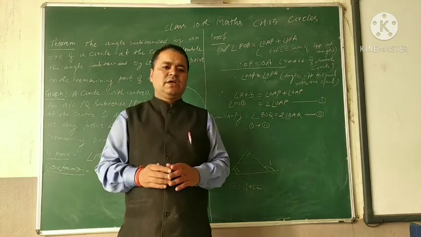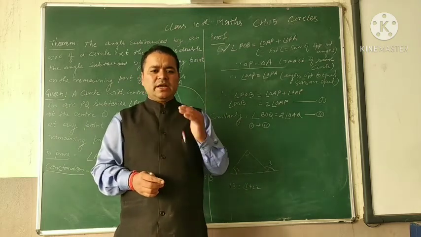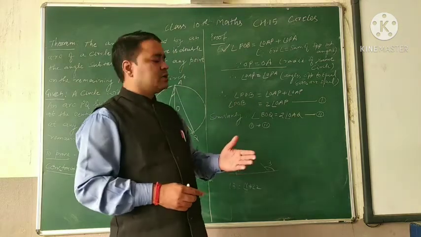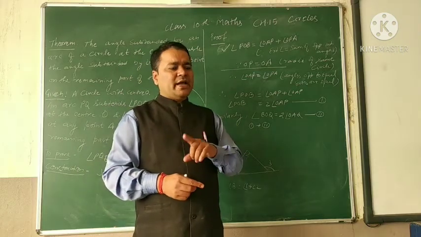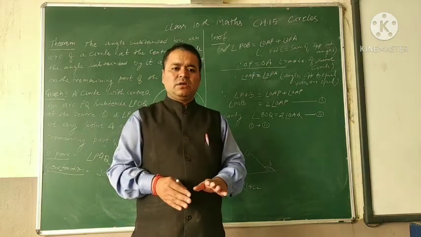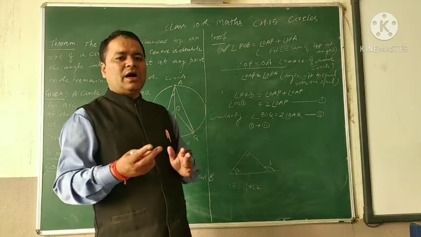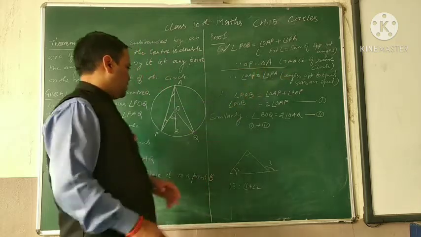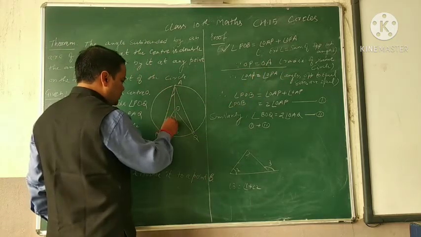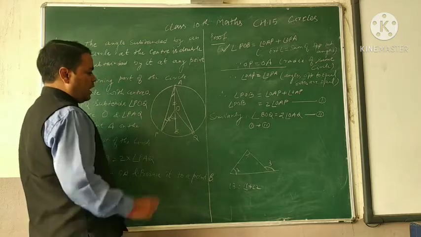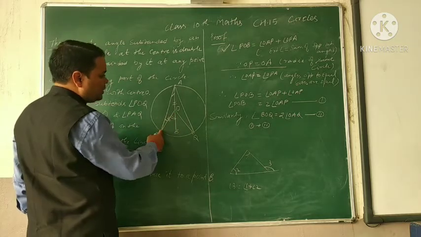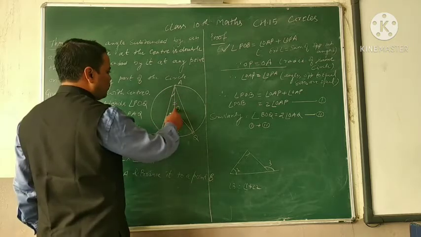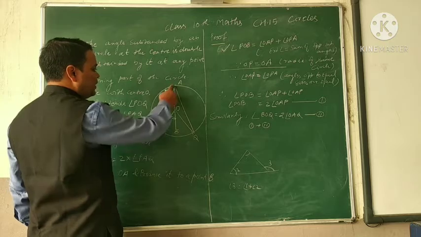Again, you know that if two sides are equal, then the angles opposite to the equal sides are equal. Since OP and OA are equal, the opposite angle of OP is OAP, and the opposite angle of OA is OPA.